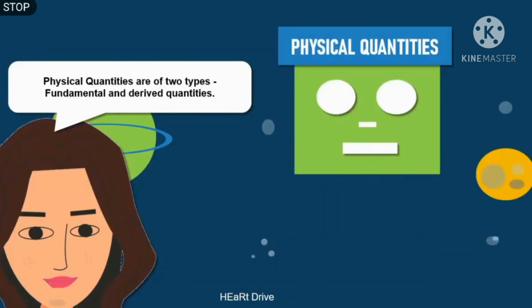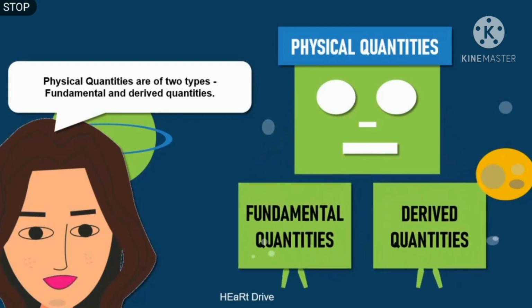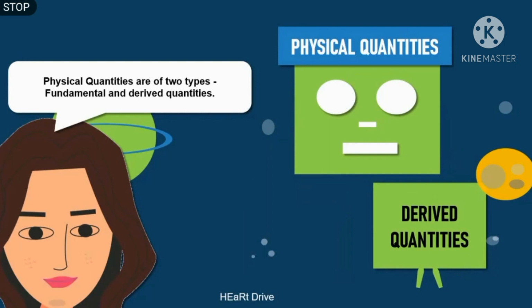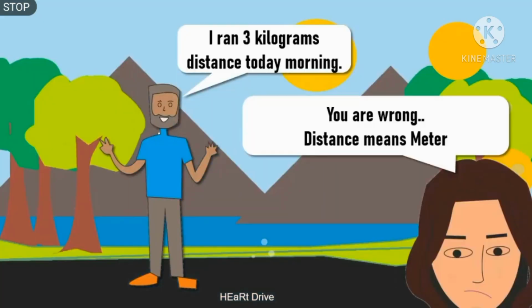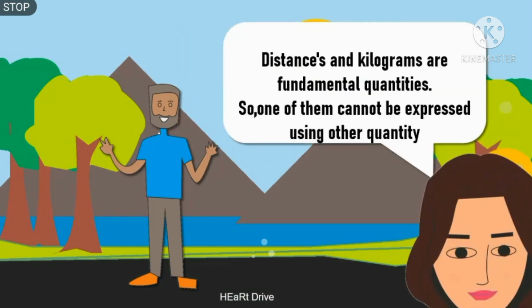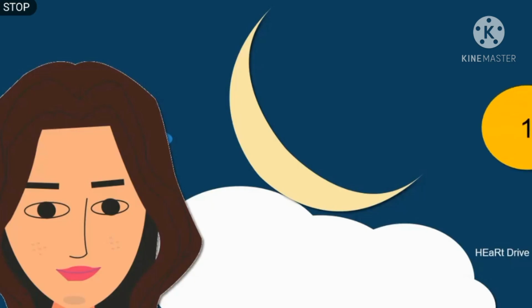Physical quantities are of two types in general. They are fundamental quantities and derived quantities. Fundamental quantities: quantities which deal with basic measurements and which cannot be expressed in any other quantities are known as fundamental quantities.